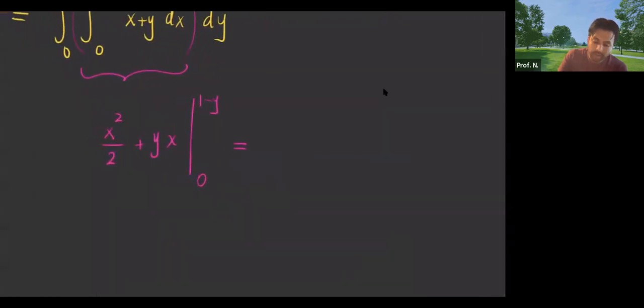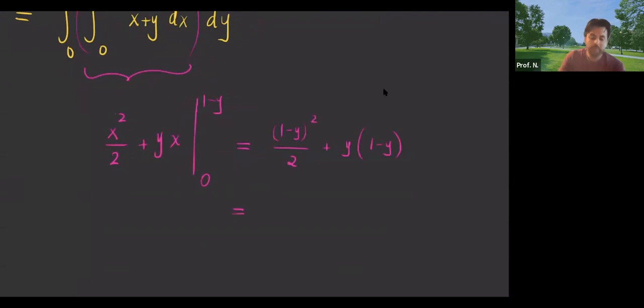So when I continue this, what is this going to look like? I'm replacing all the x's with 1 minus y. So I get (1 minus y) squared over 2 plus y times (1 minus y). When you plug in 0 for the x's, they all go away. Then I get (1 minus 2y plus y squared) over 2 plus y minus y squared.